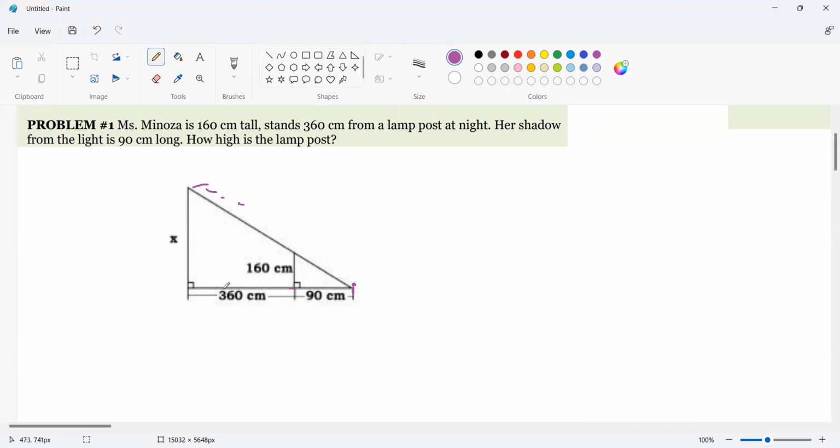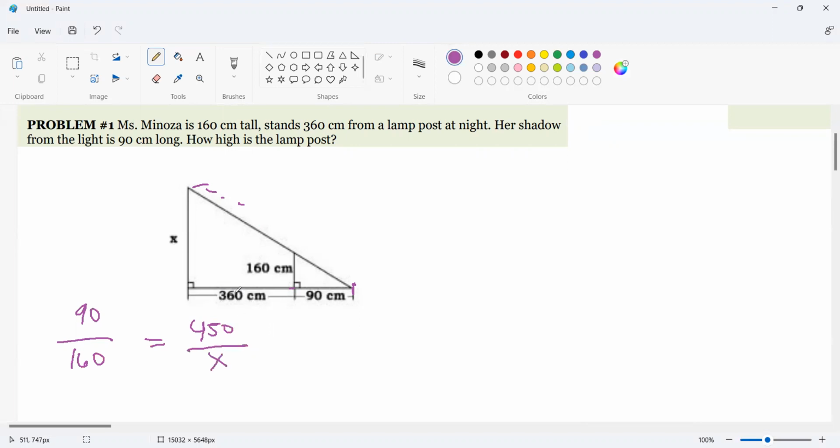So then we will use the similarity theorem. We create similar triangles, so we will create a proportion. From that, 90 over 160, the height of Miss Minyosa in the small triangle, equals the bigger triangle's side 450 over x.